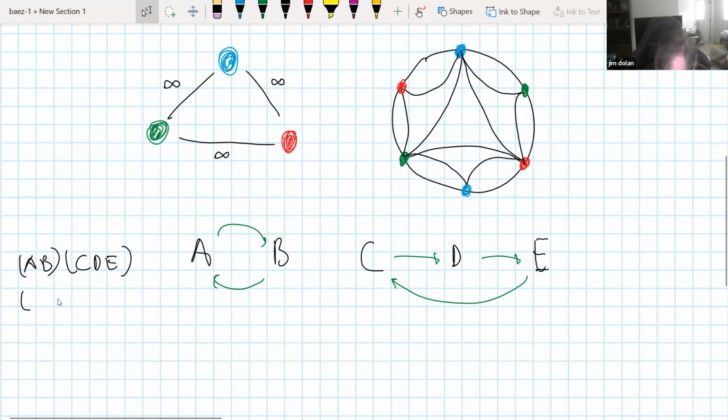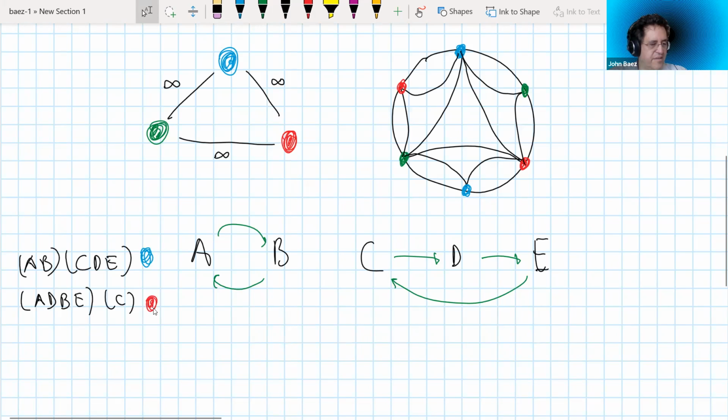And then the other one that I have written down here, the red one, is A goes to D, and D goes to B. I think I've seen this notation for permutations in some old-fashioned textbooks. It may be a very standard notation. And then B goes to E. And then C is isolated. Okay, so that's the green one, and that's the red one.